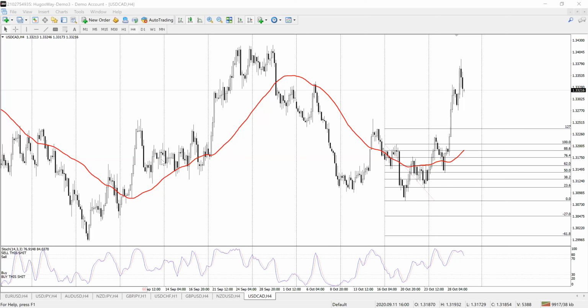So the three main keys of trading in the foreign exchange market right here: number one, trust the process. Understand that this is going to be a long, hard, and rough journey to become one of the 1% in the world, being able to access and make money straight from your phone without needing to put in time to make your money.